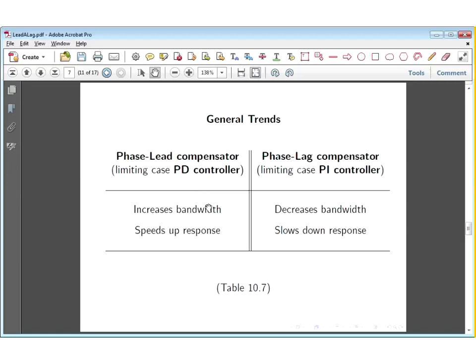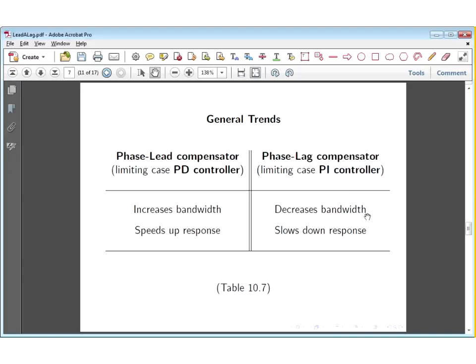So if you, at the beginning of your design procedure, check the bandwidth, and the bandwidth of the uncompensated system is already very close to the specified bandwidth limit, or is even higher than that, in that case, I will certainly not try to use a phase lead compensator. And of course, the same applies for the PD controller, because the PD controller is a special case of the phase lead compensator. If there's a bandwidth specification and the uncompensated system is already close to it or over it, certainly not a phase lead compensator.